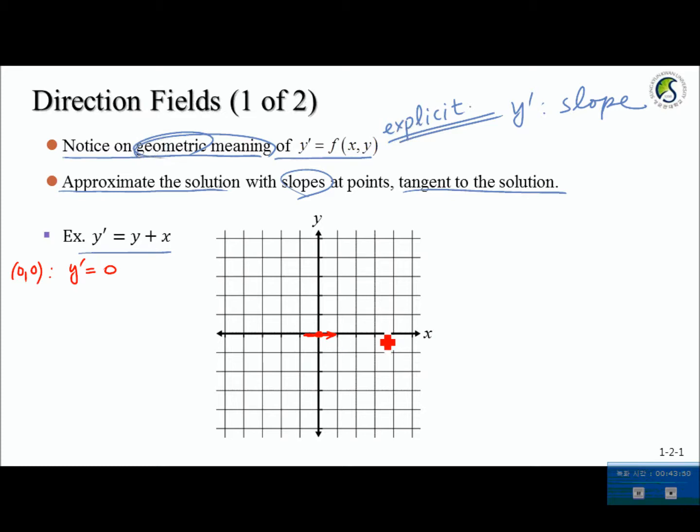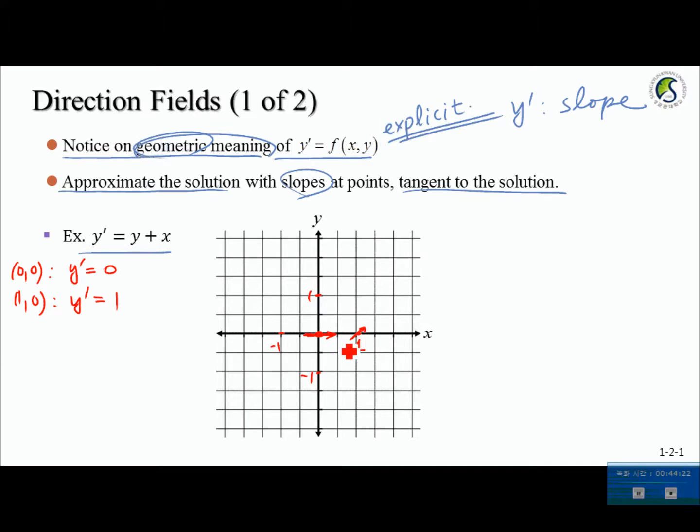How about (1, 0)? Then y prime is 1, so the slope is 1, around this much. The solution has to move tangent to that line at that point.